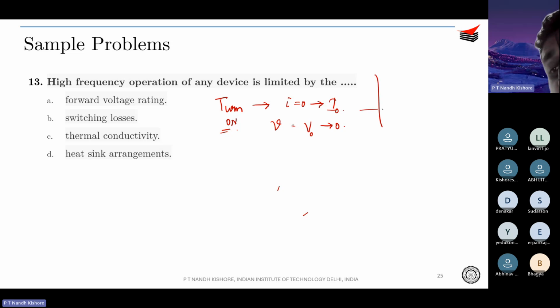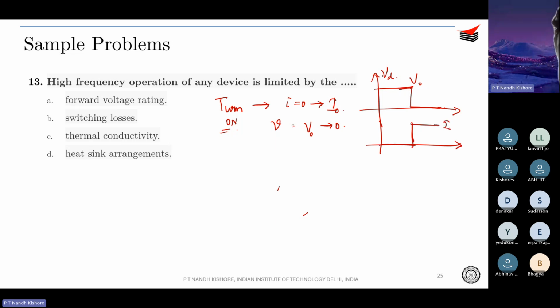So ideally your device voltage falls from V naught to 0, and your device current increases from 0 to I naught. This is during turn on.